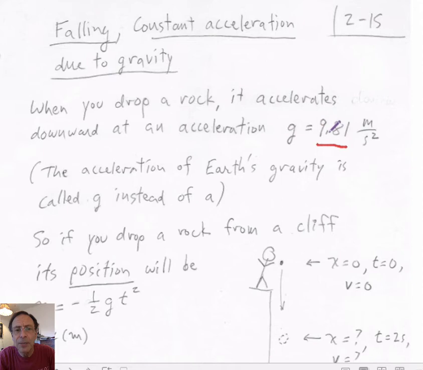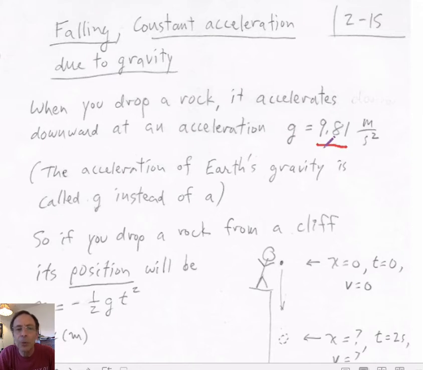Here it's 3 significant figures, 9.81. Actually, most books will just put 9.8, dropping the 1, and some books will round this to just 10. The reason being that it just makes the math easier, it makes the homework a little less tedious, and so on.